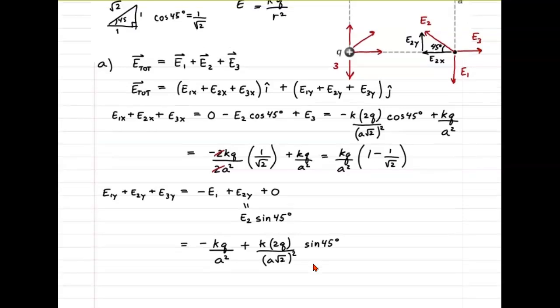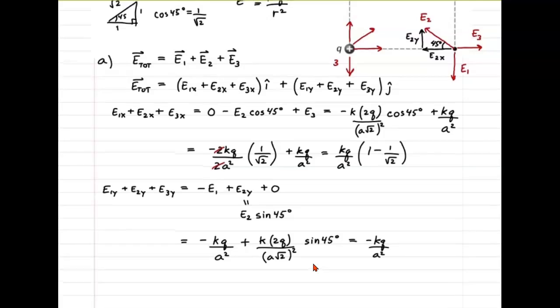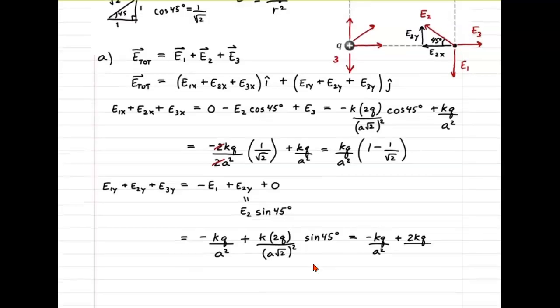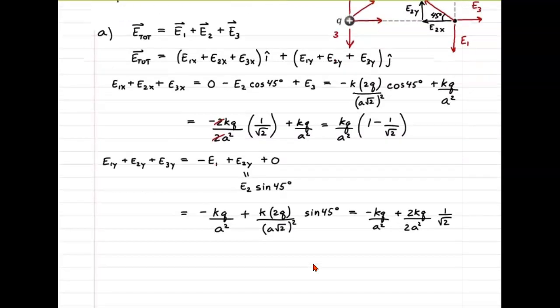Okay, if I continue evaluating this, I get minus KQ over A squared, plus 2KQ, take it out of the parentheses there, I square the bottom, which I'll get 2A squared, and then sine 45, just like before, sine 45 equals cosine 45, so it's 1 over root 2. And we continue along.